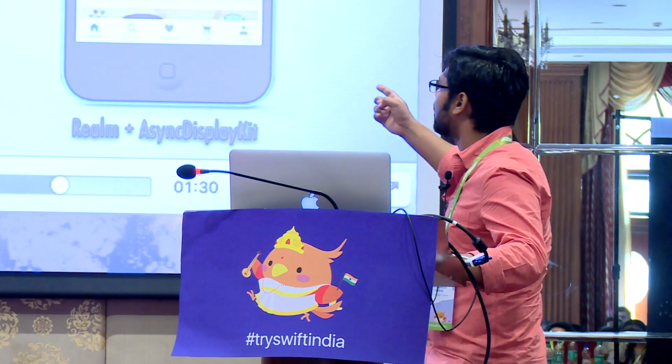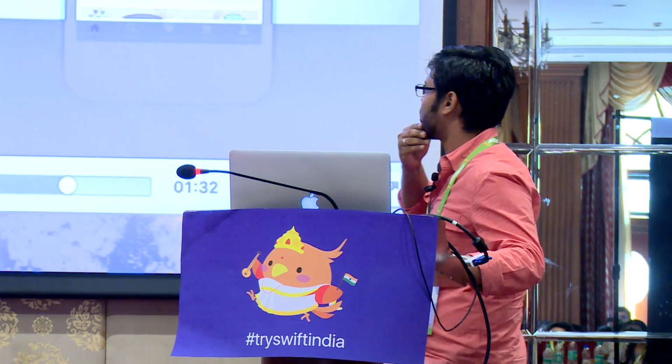There's more to it. Actually, the pages also load a lot faster with Realm. We do a lot of caching. I'm just going to stop it right now and get back to the slides.